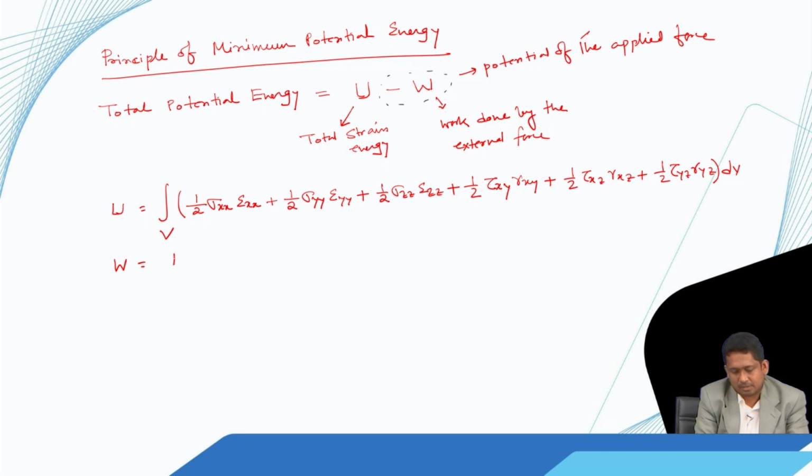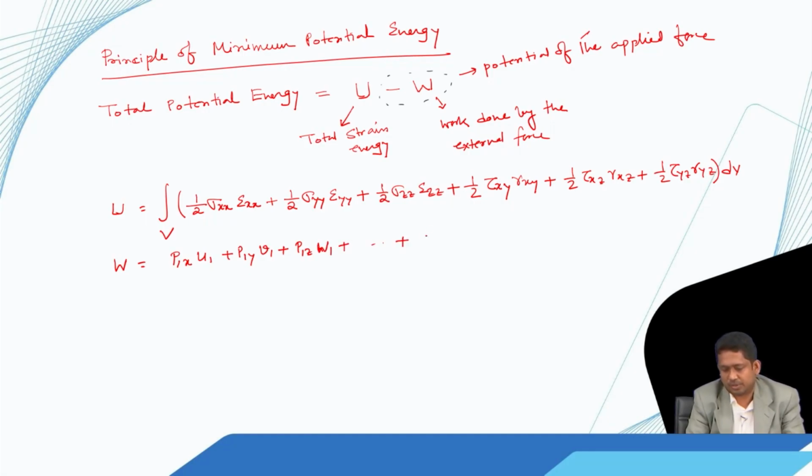That is the total strain energy, and the work done by the external forces we have seen is P1x multiplied by U1 plus P1y multiplied by V1 plus P1z multiplied by W1, and we do it for all the force components.